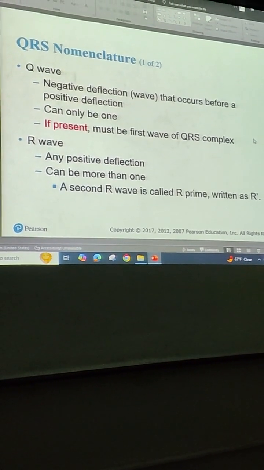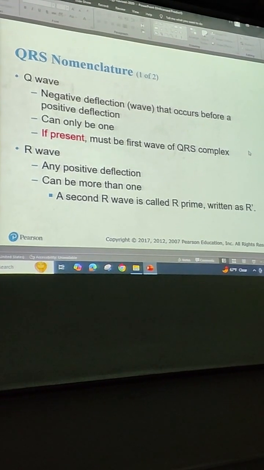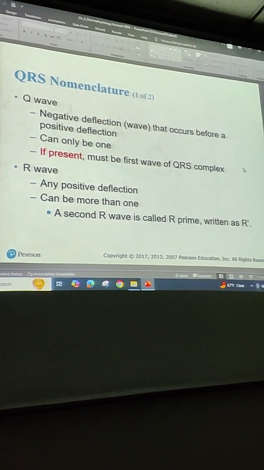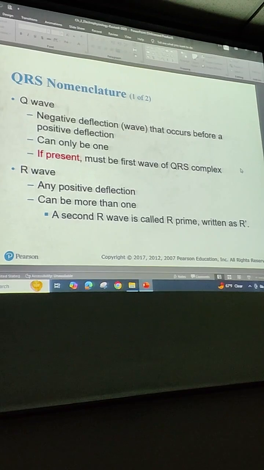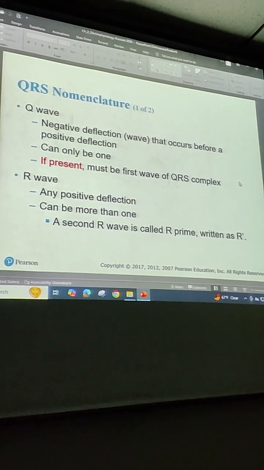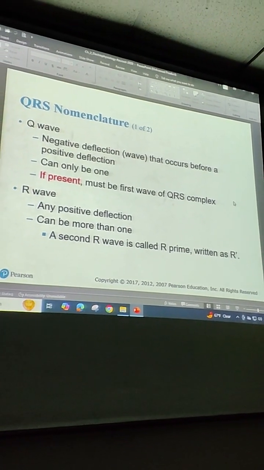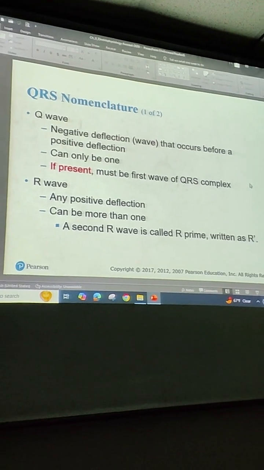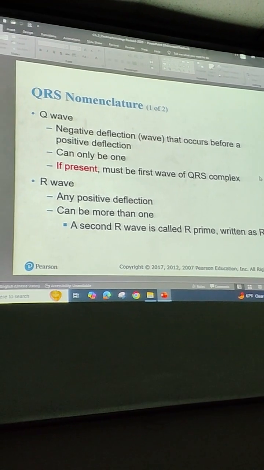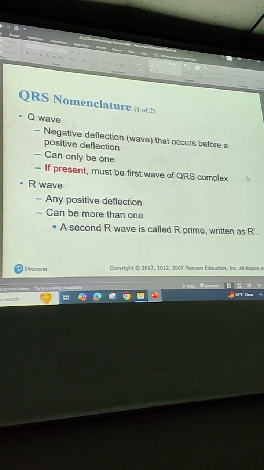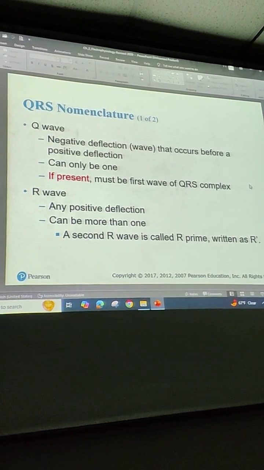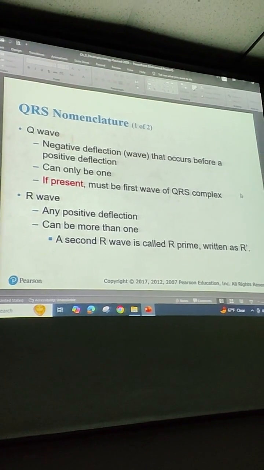He said right here, remember we mentioned this already, but here you have the supporting documentation, if you will. Negative deflection, remember deflection waves means the same. Now, negative deflections are the ones that are under the baseline or isoelectric line. So remember, we said the P wave is positive or negative?